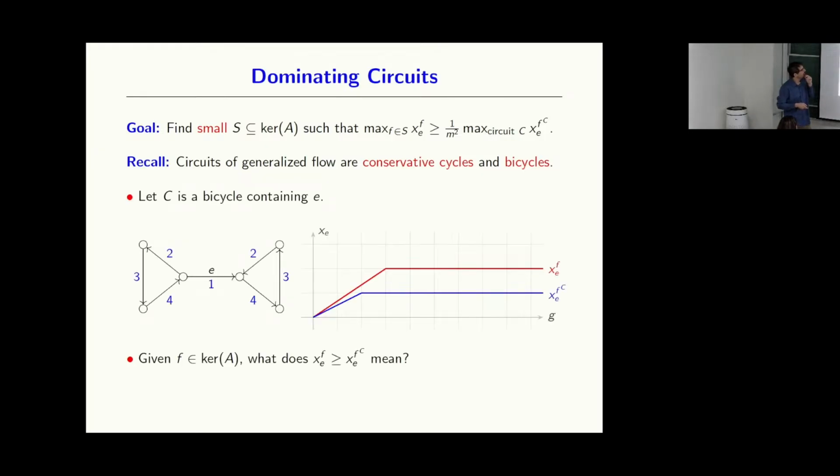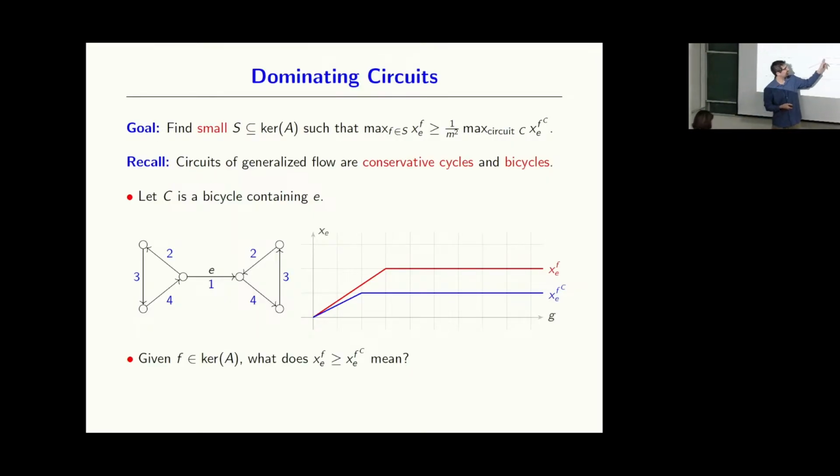Okay, so pictorially, what we're going to try and do is show that I can find a small collection of circuits such that if I take any other circuit, one of the circuits in my already existing collection does almost as well. And here I have a picture of just strictly doing better so that you get some sense.